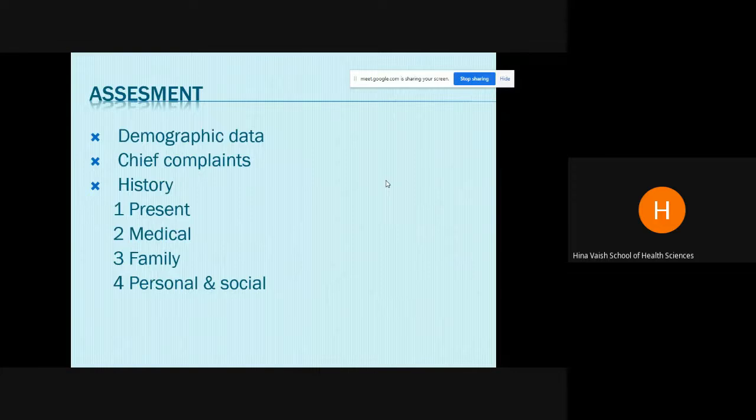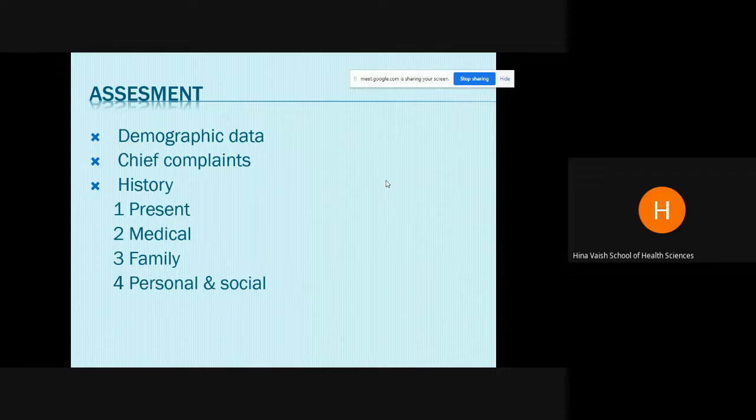So demographic data, as we take in all the patients, you need to record the demographic data of the patient for identification: where the patient resides, what is the age and gender. Then you need to ask the chief complaint. Here, when we talk of respiratory pathology, and particularly COPD, the patient will mostly complain of breathlessness.